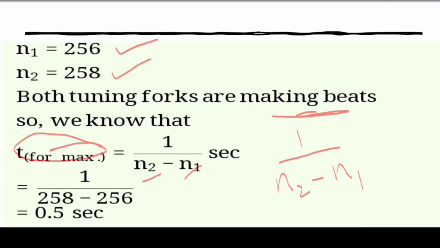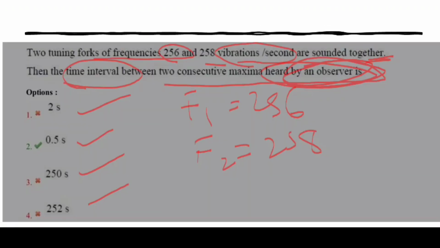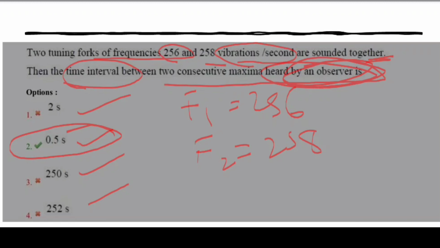Now 1 by (258 minus 256) gives 0.5 seconds. Option B is correct.